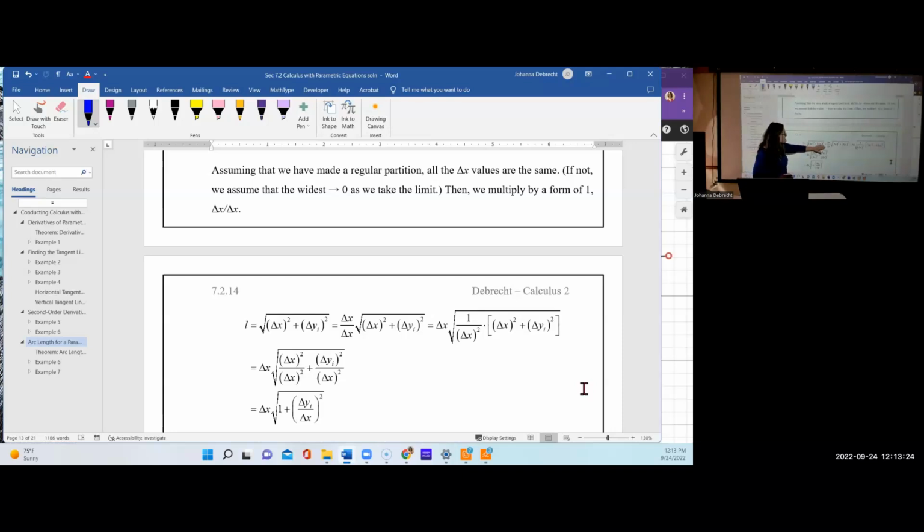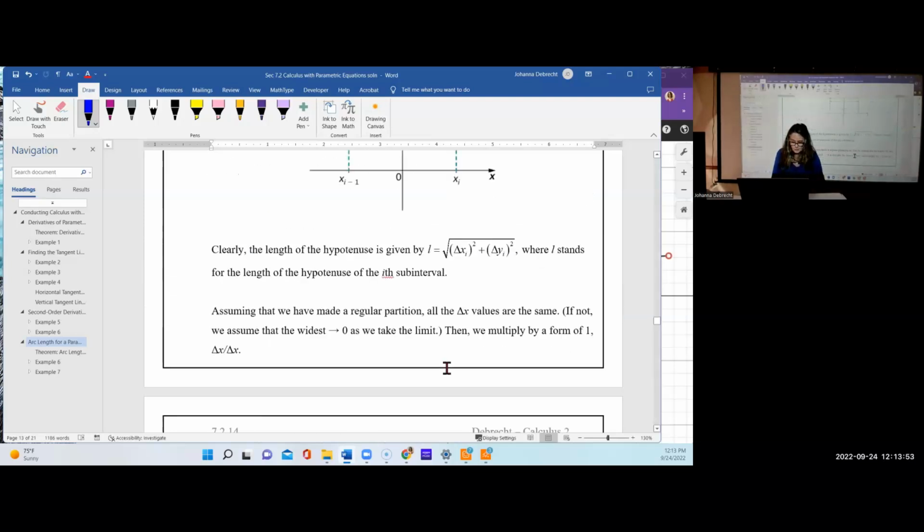So we take our formula for l, the length of the hypotenuse that you see right here, from the Pythagorean theorem, equal to the square root of delta x quantity squared plus delta y sub i quantity squared. Now, delta x is going to be the same for every subinterval because we made it regular, but delta y sub i will not be the same. It'll be different for each subinterval.